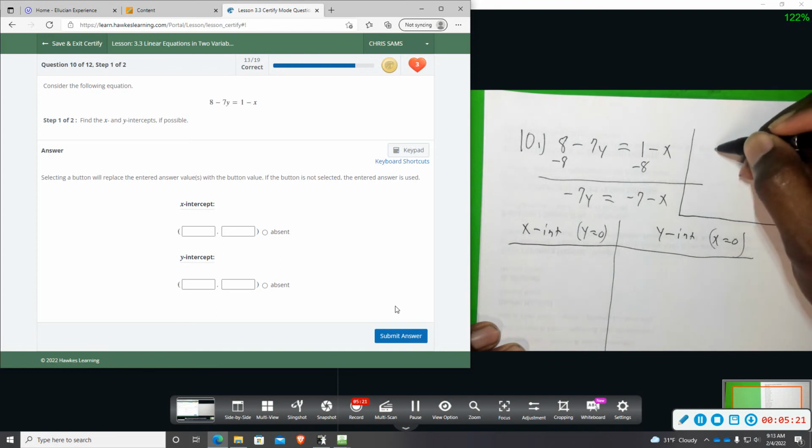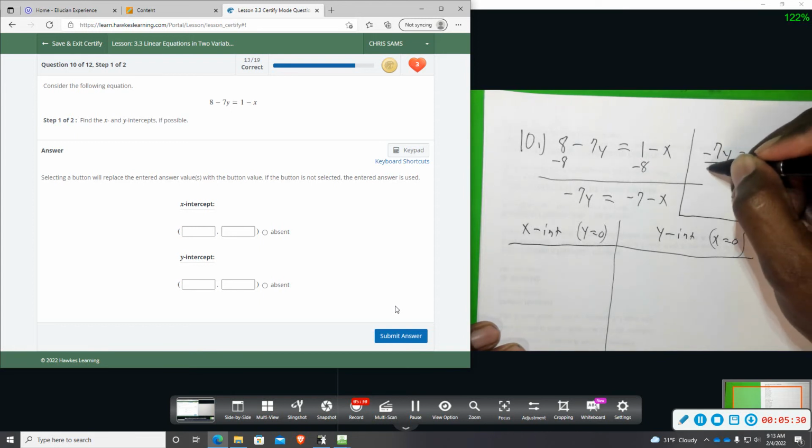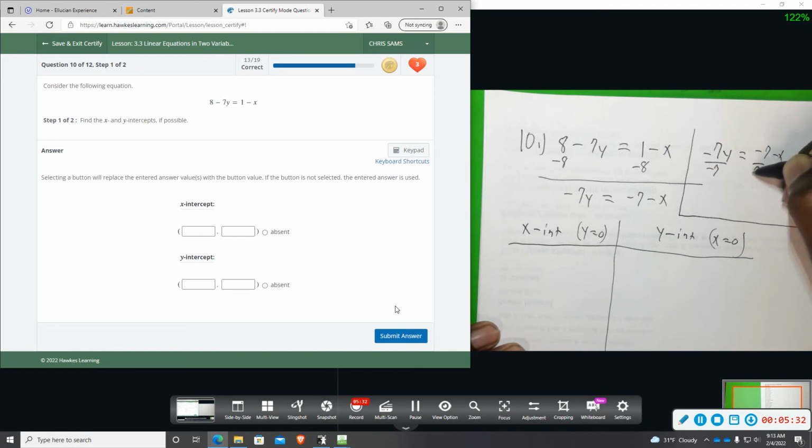So I'm going to take this equation, negative 7y equals negative 7 minus x. I'm going to divide by negative 7. It's going to give us y equals 1, plus, negative divided by negative is positive, plus 1 over 7x.